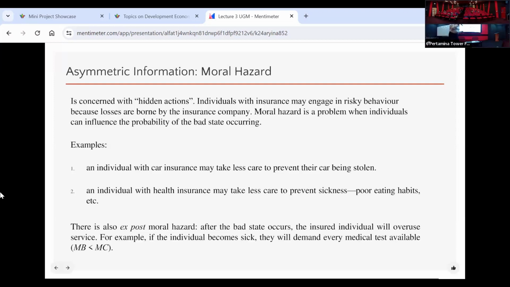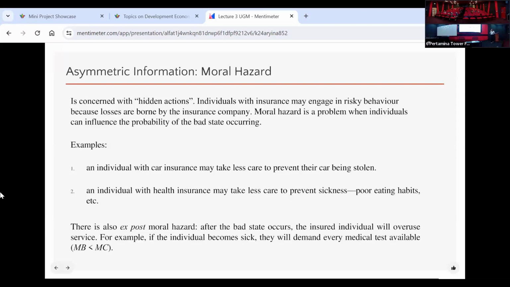If I insure my Lamborghini and I leave the keys inside because I don't care if they're going to pay for it, or when I have insurance for fire and I'm not careful with the candles that I turn on at home because I know the insurance is going to pay for it, there is moral hazard.